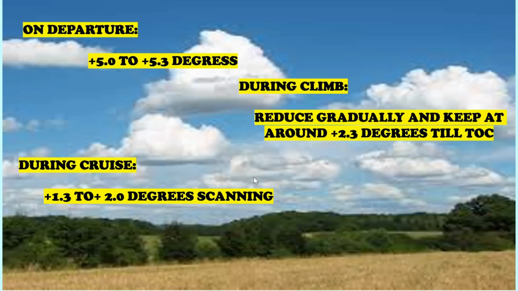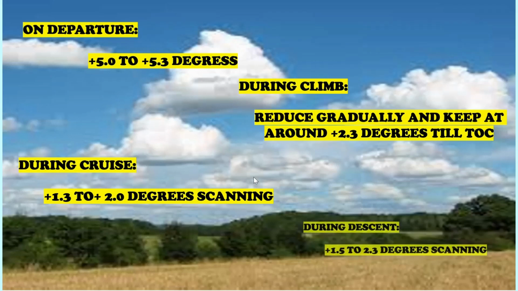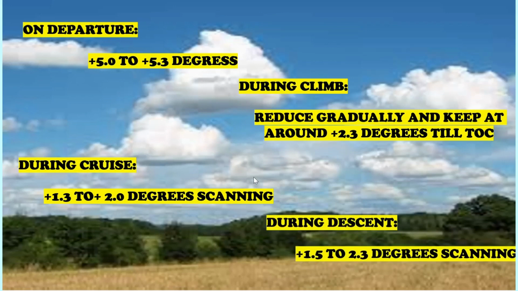And in descent, we are normally interested in the weather above us mostly, because we are leaving all these thunderstorm cells and heavy clouds above us, so we just keep it tilted up a bit to 2.3. I've seen that it works out for me, so I can see what weather awaits me if there is any weather above me during the descent, approach and landing.